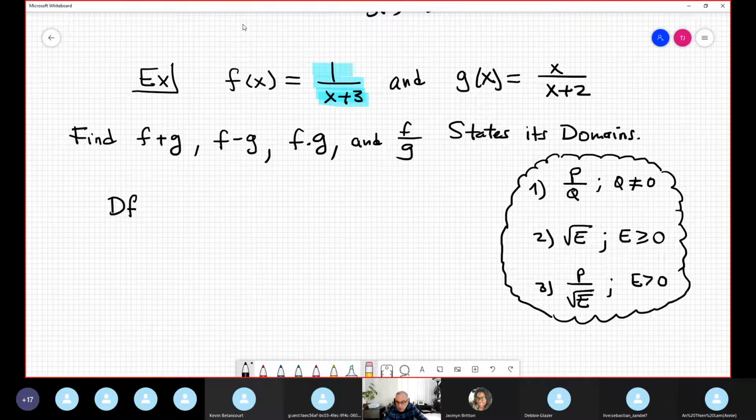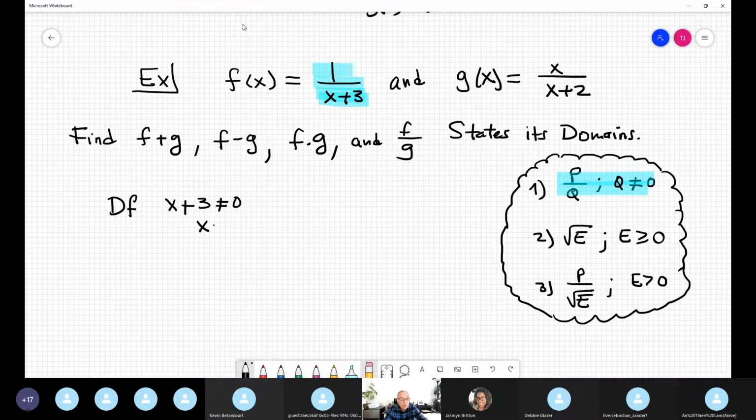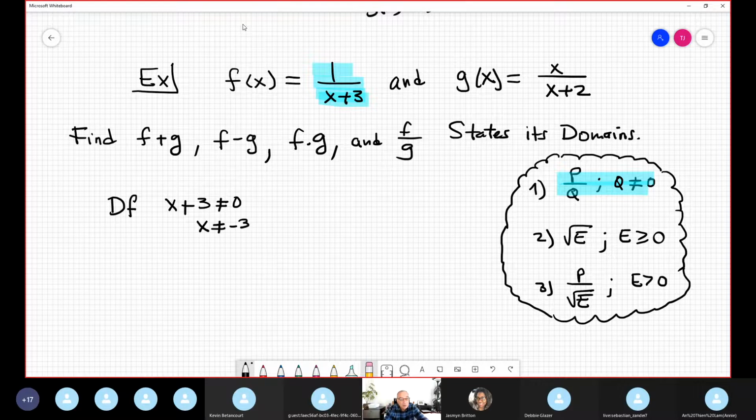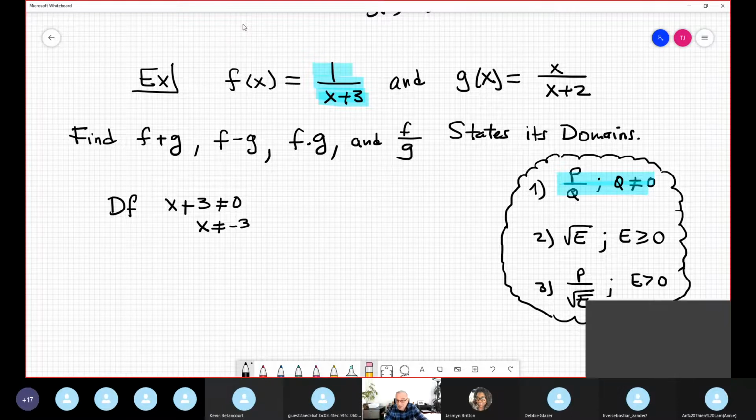Okay, now it's obvious to apply this idea in our example. Because it is a division, the domain is determined when the expression in the denominator is not zero. In our example it is x plus 3, not 0. Therefore, x is not negative 3. Okay, so the domain of this function, let me express it.